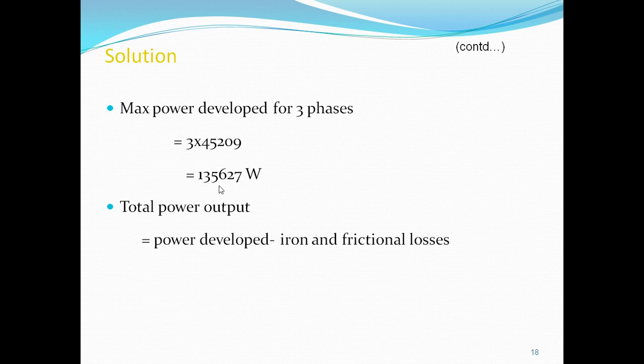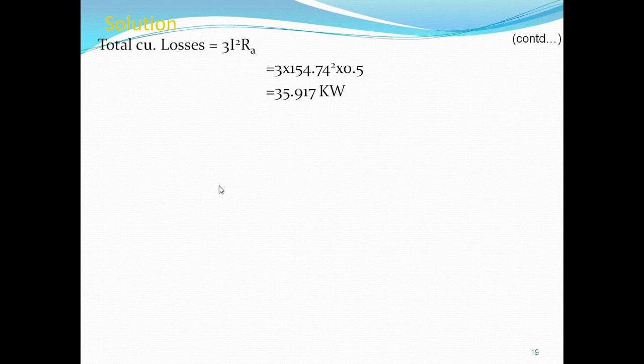So what is the power output? Power output is equal to power developed minus iron and friction losses. If we remove the iron and friction losses of 500 watts, we will get 135,127 watts. So what are the copper losses?